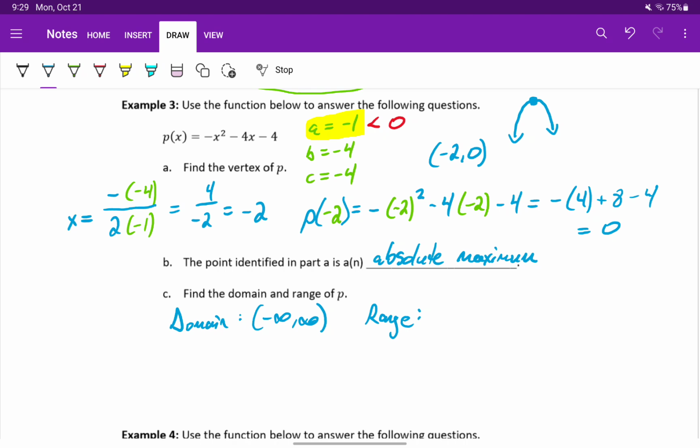Looking again at our quick sketch, we know that our function is opening down and will continue downward. So that function value that we found for the vertex of 0 is the highest point, it's the absolute maximum, meaning our range has to be negative infinity all the way up to our largest possible y value, which would be 0. So our range is negative infinity to 0.